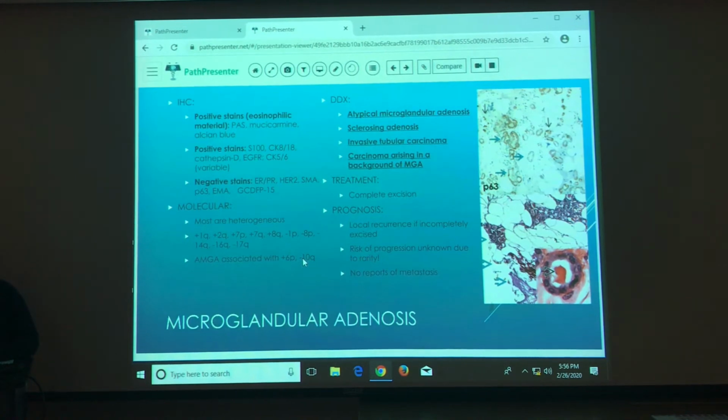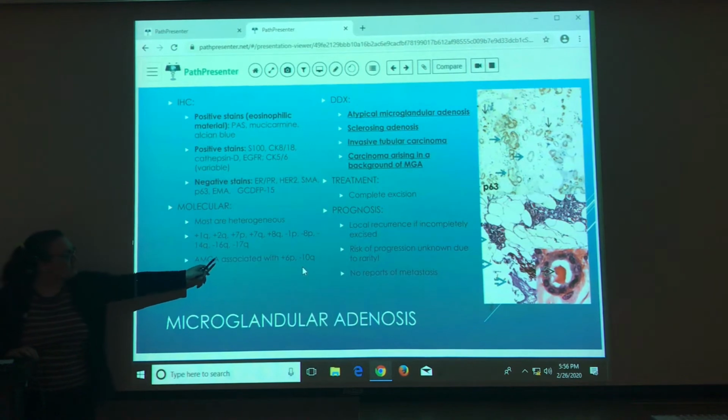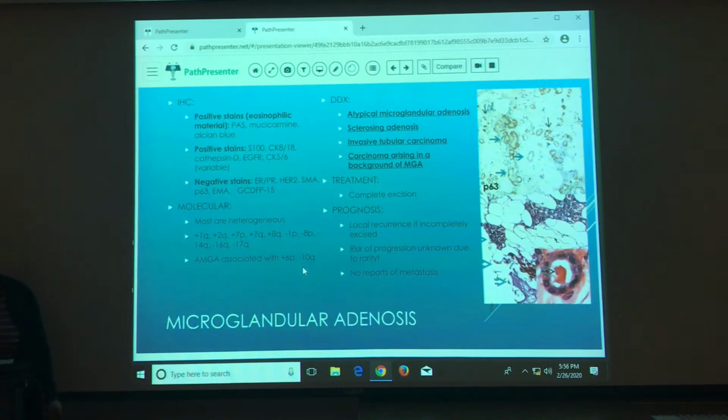And molecular, not really helpful, unless you're worried about atypia and you start seeing those abnormalities. But it should be definite atypia, not just reactive or low grade.